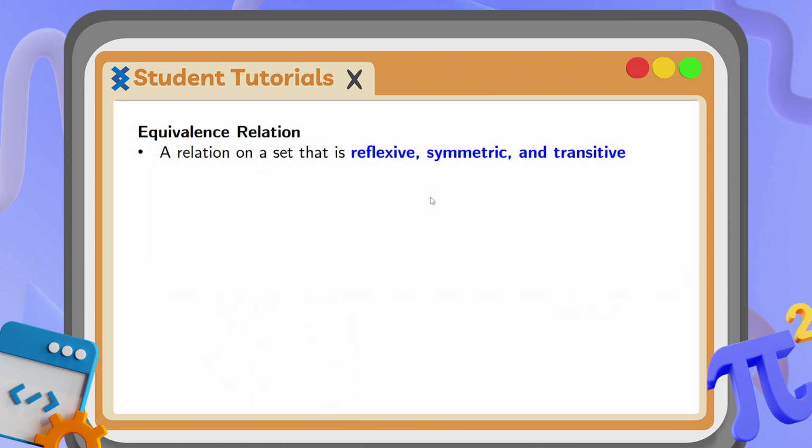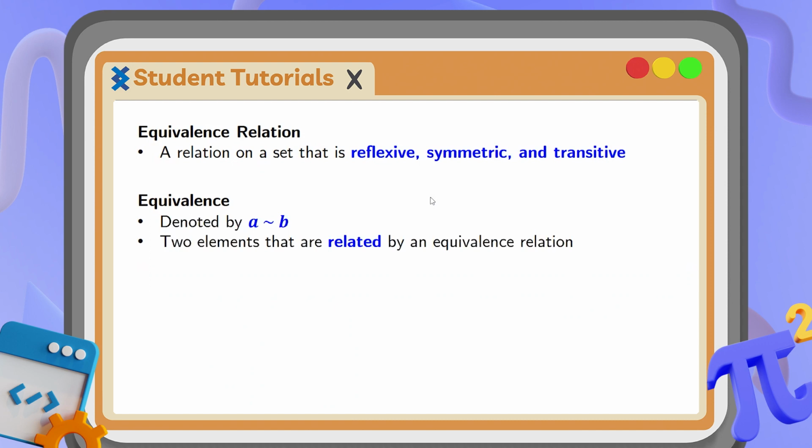And then we have the equivalence relation, which is a relation on a set that is reflexive, symmetric, and transitive. Equivalence is denoted by a, the symbol, and b, where two elements are related by an equivalence relation.